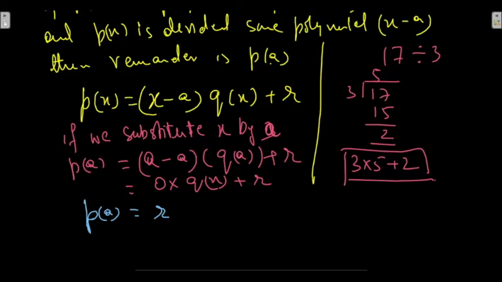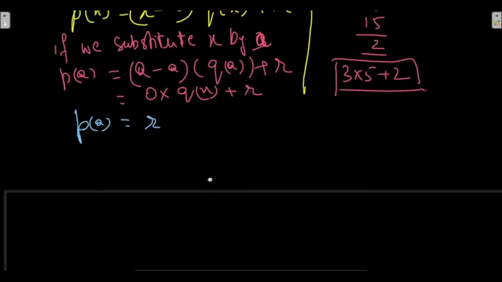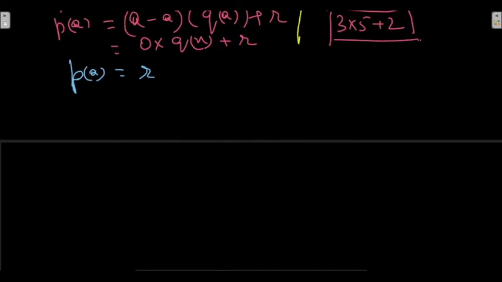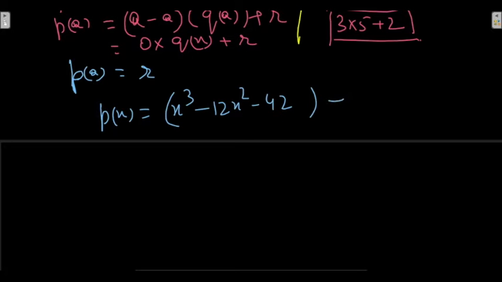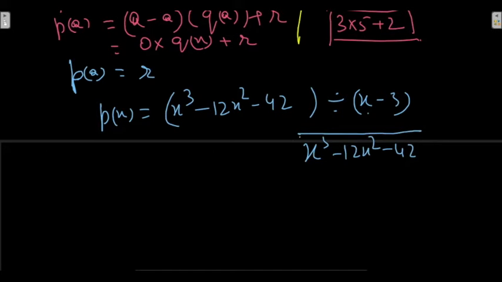Now you will understand it more when we take one example. So let us take an example where p of x is equal to x to the power 3 minus 12 x to the power 2 minus 42, and we divide this by x minus 3. So when we divide this whole polynomial by x minus 3, we get x cubed minus 12x squared minus 42 whole divided by x minus 3.